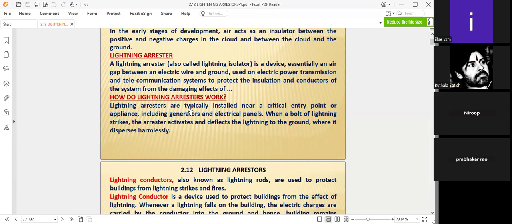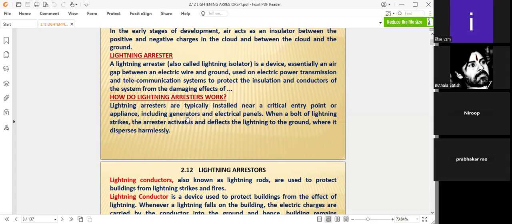That's the function here. Above the ground or above the building, the lightning arrester will be installed.